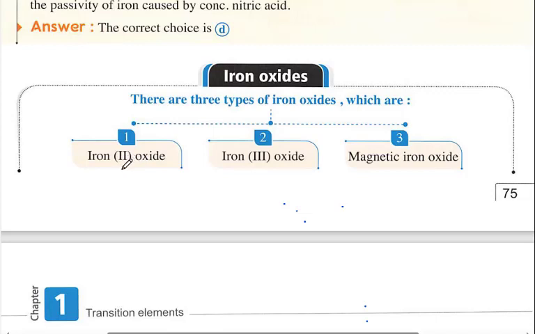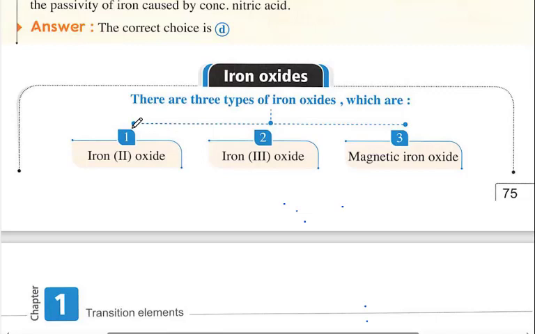So from 230 to 300, the preparation of magnetic iron oxide is very important. If the temperature is from 400 to 700, then the produced iron oxide is iron 2 oxide or ferrous oxide.